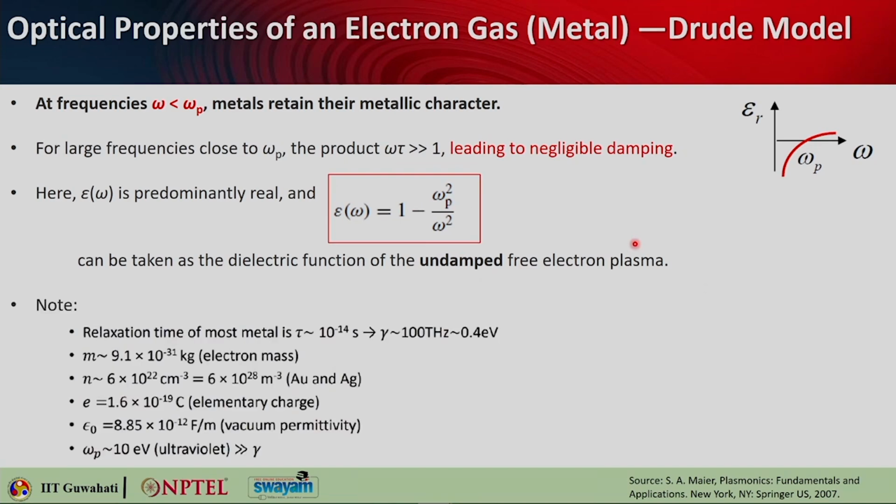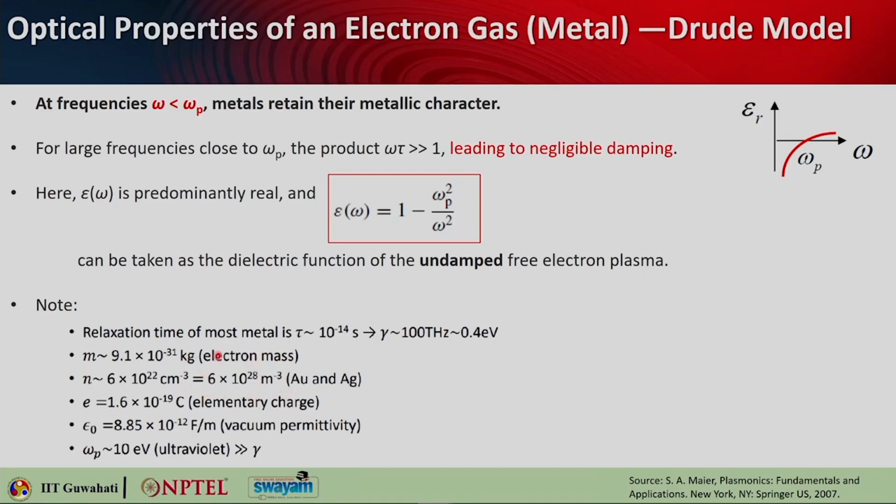Okay. Now, there are certain values that are important to remember, that the relaxation time of most metals, that is tau, is of the order of 10 to the minus 14 second. So, from that if you find out what gamma is, gamma is basically 100 terahertz, or in energy you will see it is around 0.4 electron volt. Okay. So, mass of electron, charge of electron, density of electrons in case of gold and silver is this one, 6 into 10 to the power 28 per meter cube.